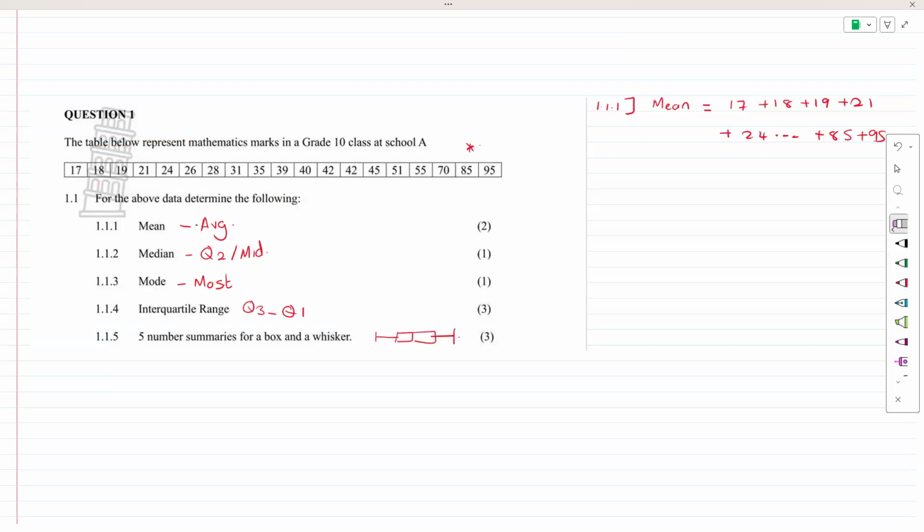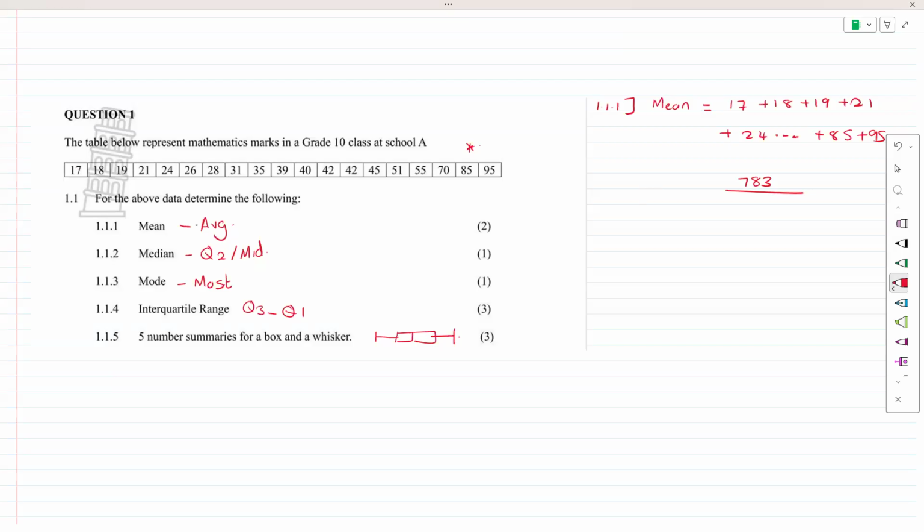I added up all of these numbers and they equal 17 plus 18 plus 19 plus 21 plus 24 plus 26, 28, 31, 35, 39, 40, 42, 42, 45, 51, 55, 70, 85, 95. 783.